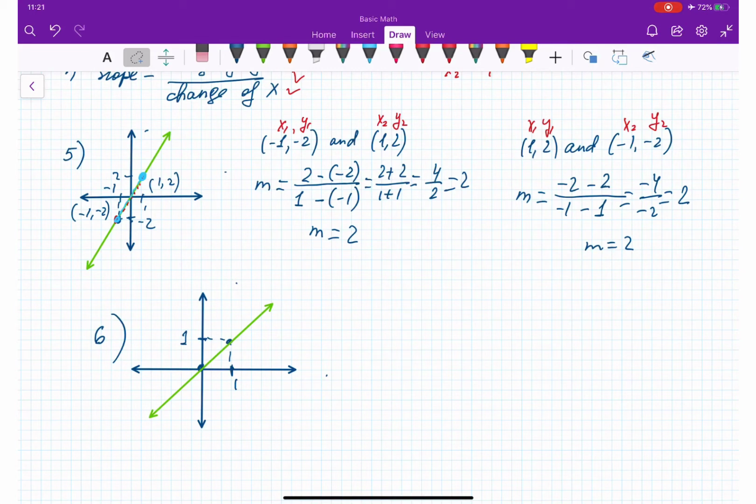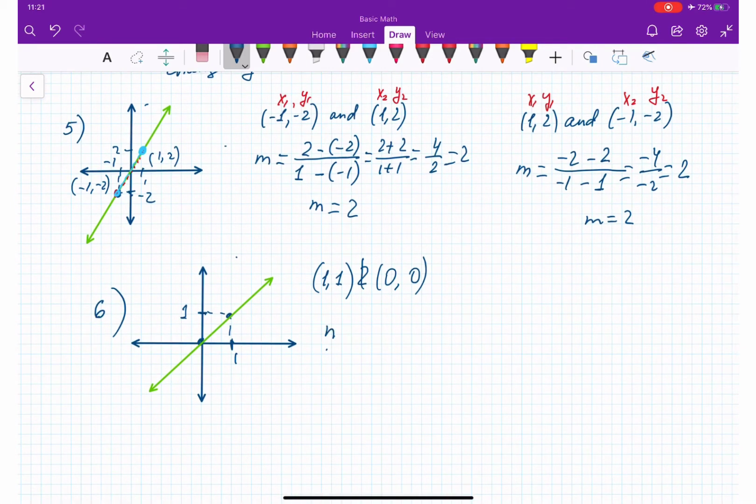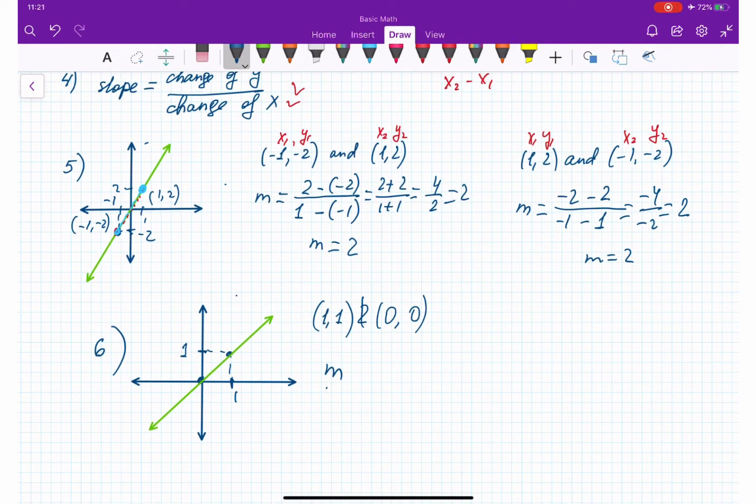All right, so what do we have? One point is 1 and 1. The other point is 0, 0. Yes? And. I put here the symbol of and. Looks ugly. Let me do it again. Okay. All right, m is equal to y2 minus y1 over x2 minus x1, with x1, y1, x2, y2.